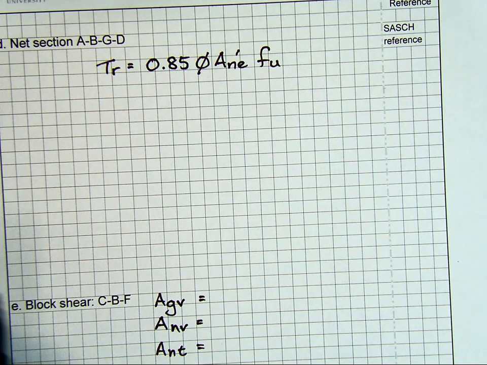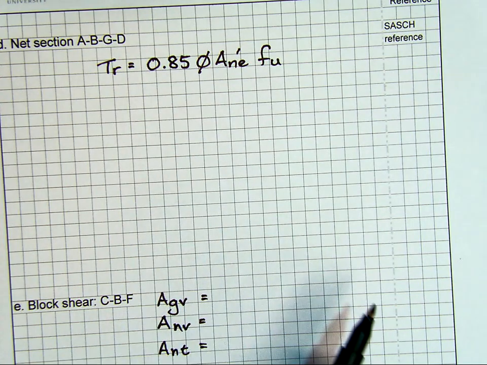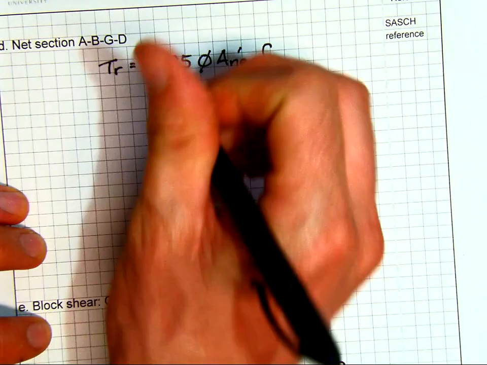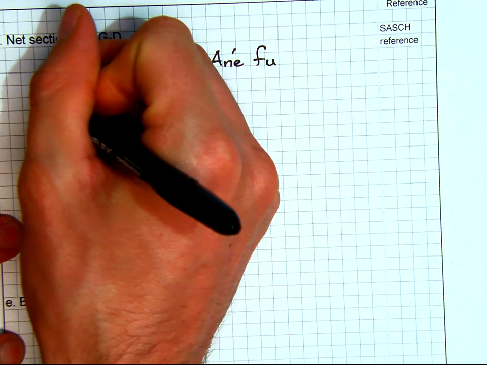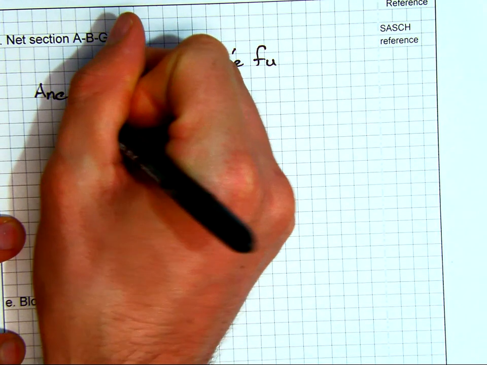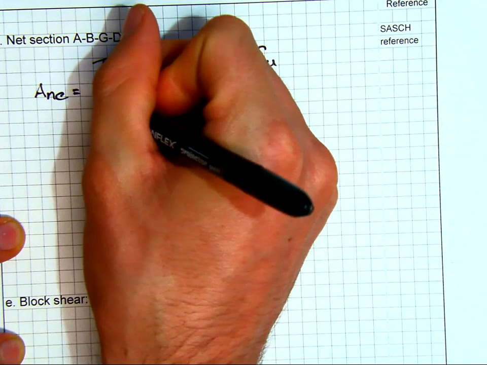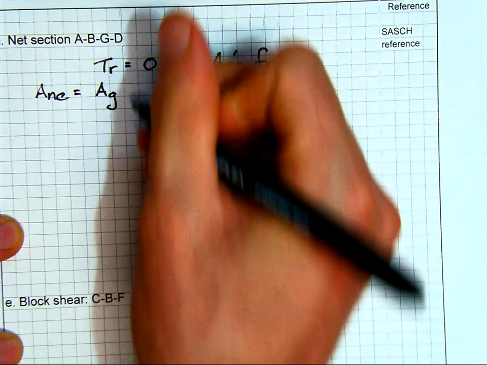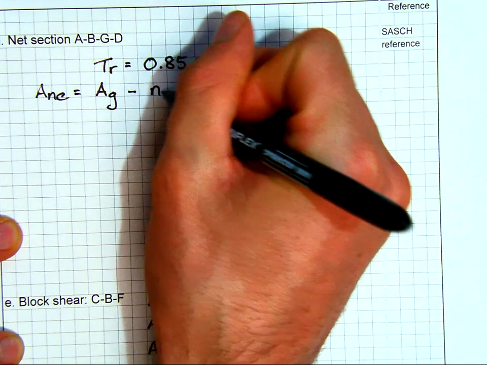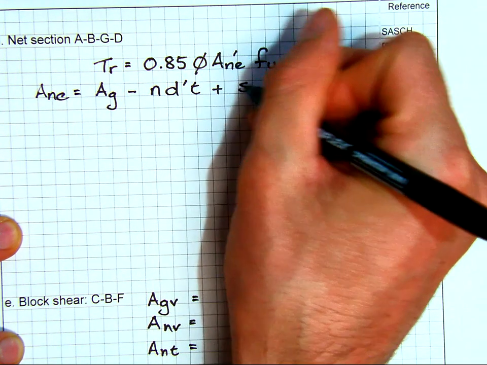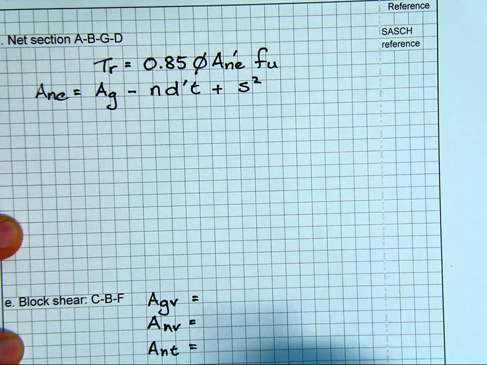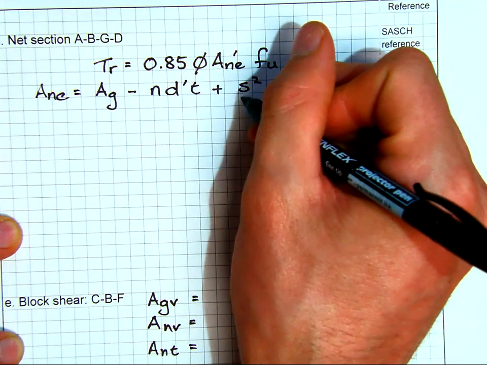This is once again also experiencing shear lag. On net area, this is the equation we want to fill out. Our net area is our total area minus the number of bolts passing through, plus a little bit of extra due to the influence of that slope.